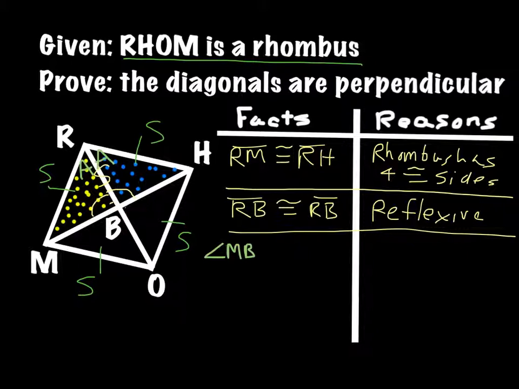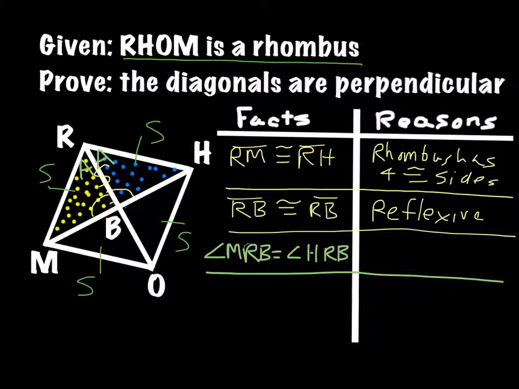that angle MRB is the same as angle HRB. And the reason is the diagonals of a rhombus bisect the angles.